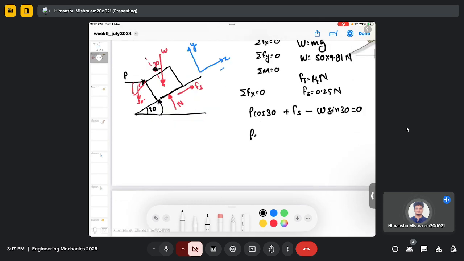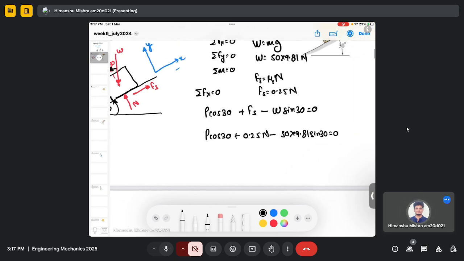So this will be P cos 30 plus 0.25 N minus 50 multiplied by 9.81 sine 30 equals 0. This is equation 1.